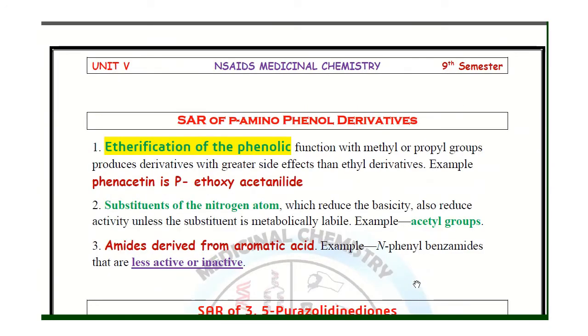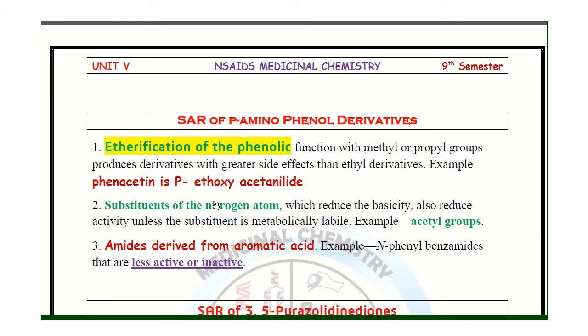SAR of para-aminophenol derivatives. First of all, the etherification of phenol. If we convert the phenol hydroxyl into an ether, the methyl or propyl ether derivatives were reported to have greater side effects than the ethyl derivative. The highly potent or therapeutically useful ether was formed only when substituting with ethyl. The example is phenacetin, that is para-ethoxyacetanilide. The methyl or propyl ethers were not that therapeutically useful.